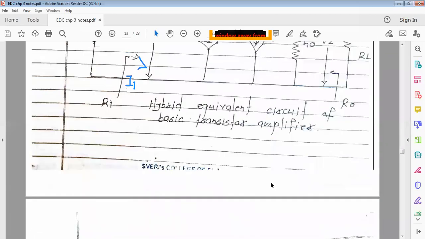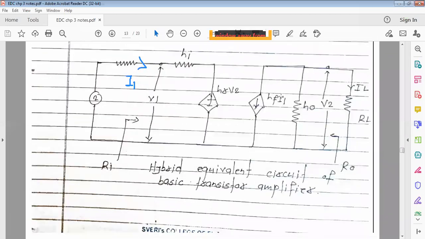But from this diagram, what is the relation between I2 and IL? Is it the same?